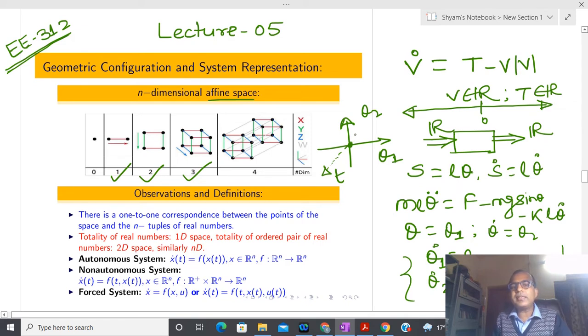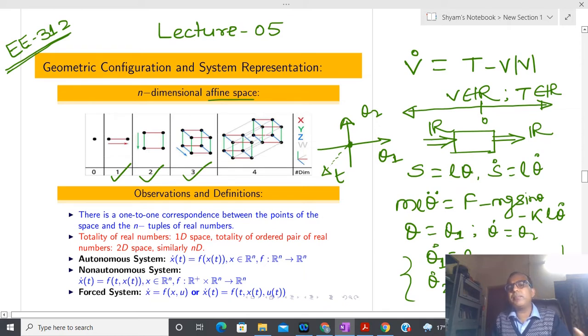After that, I have some way to measure the distance between 2 points, and that particular space is called Euclidean space. So I have one space where the origin is fixed, and now I am talking about some other space where the origin is not fixed. I will show in the next class in more depth how to define Euclidean space.